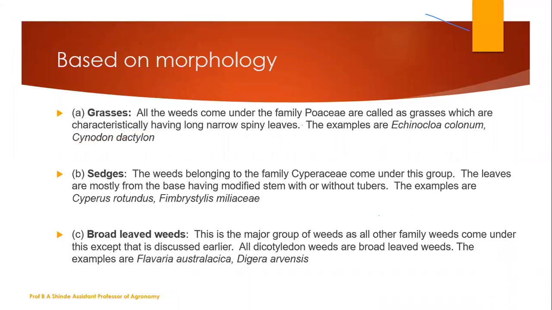This is the major group of the weeds, as all other families of weeds come under this, except those discussed earlier. All the dicotyledonous weeds are broad-leaved weeds. Examples are Flaveria australasica and Digera arvensis.